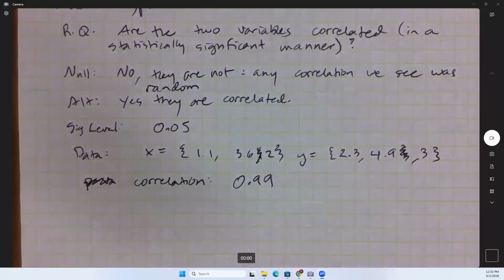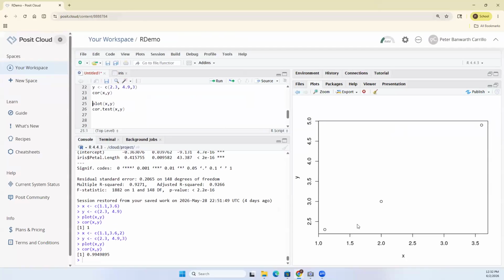It was no longer 1 because these 3 points don't lie on a perfect line, but it sure is very close to a perfect line. So we have a very high correlation. But now we ask, how likely is it that this correlation was just due to chance, in particular due to having a very small amount of data?